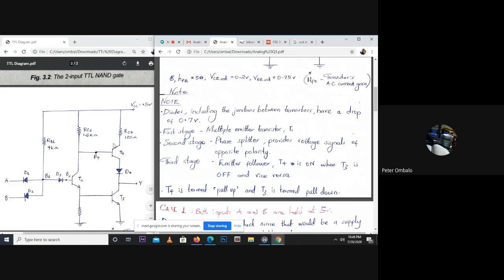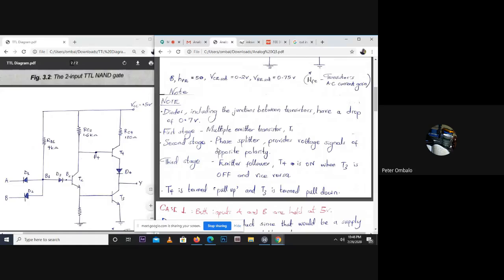A TTL NAND gate has 3 stages. The first stage is called the multiple emitter transistor, as you can see on the left. It has diode D1 and diode D2, which represent the two emitters. The middle section that has a resistor RC2 and transistor T2 is the second stage.